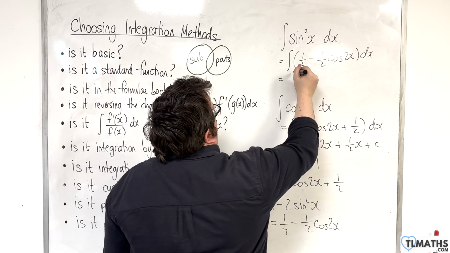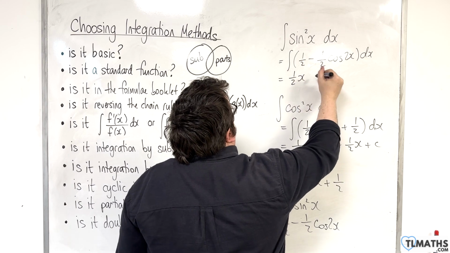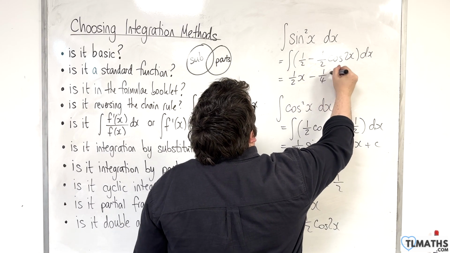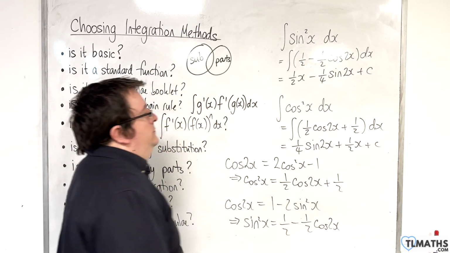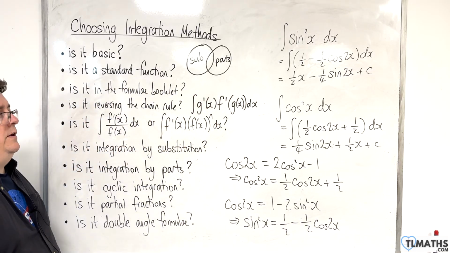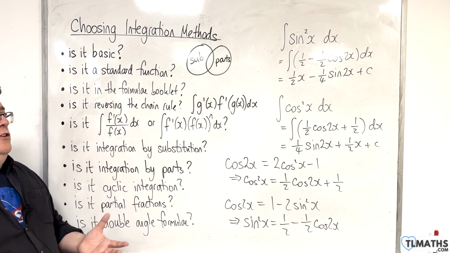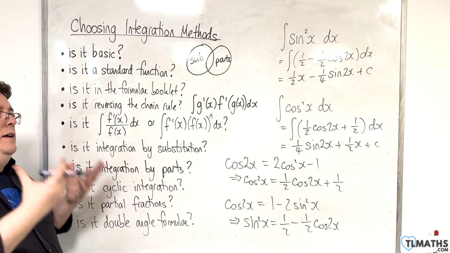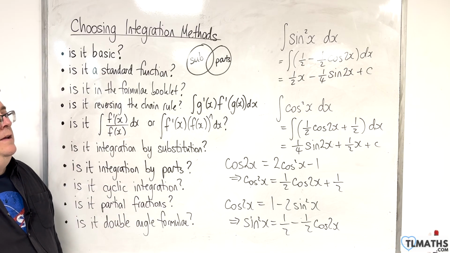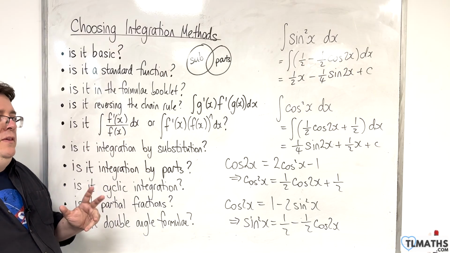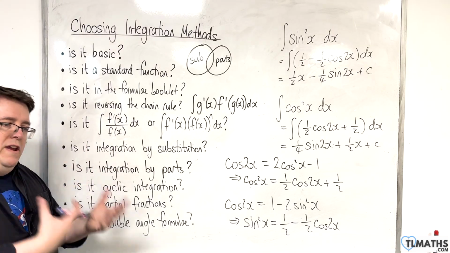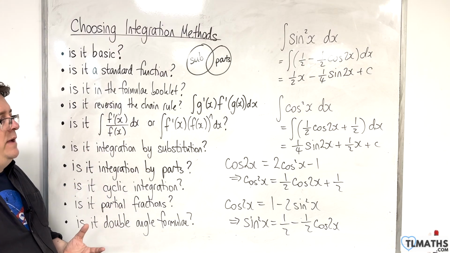And then integrate that. So that's 1/2 x take away a quarter sine 2x plus c. Okay? And so sine squared, cosine squared, this is how you integrate them. If you've got these standalone terms, you must be thinking double angle formulae, rearrange, and then you'll get there.